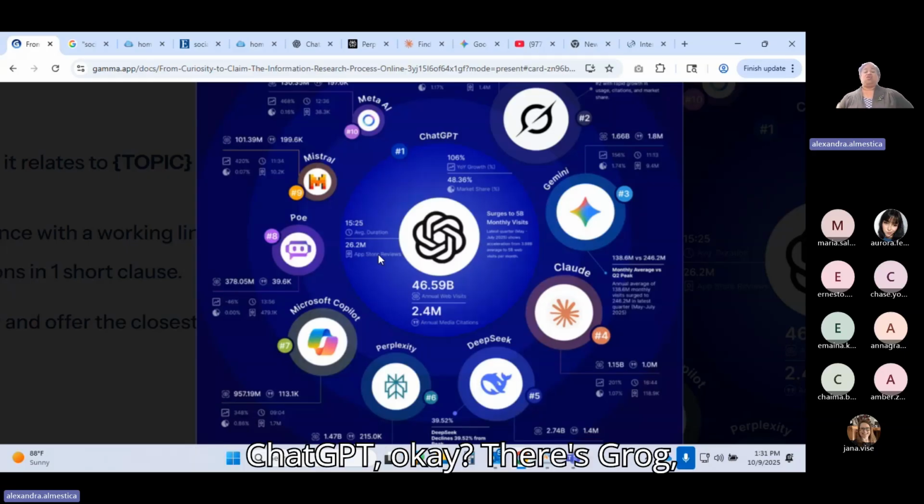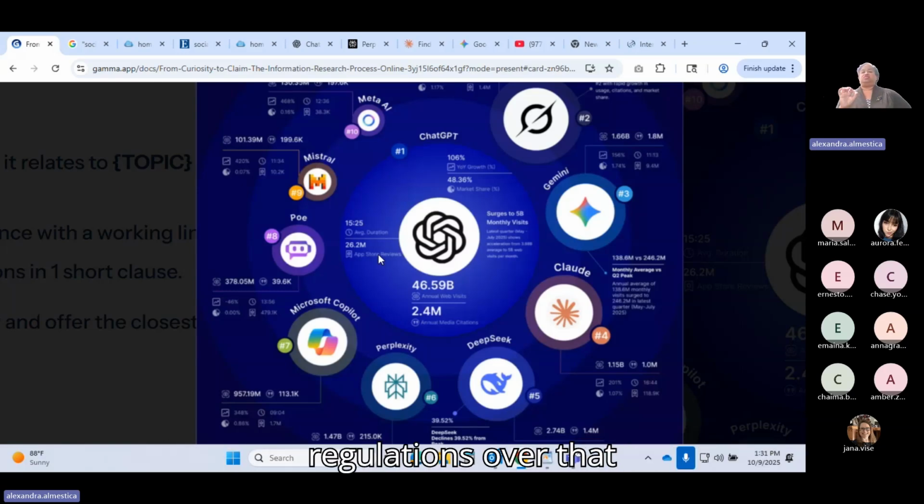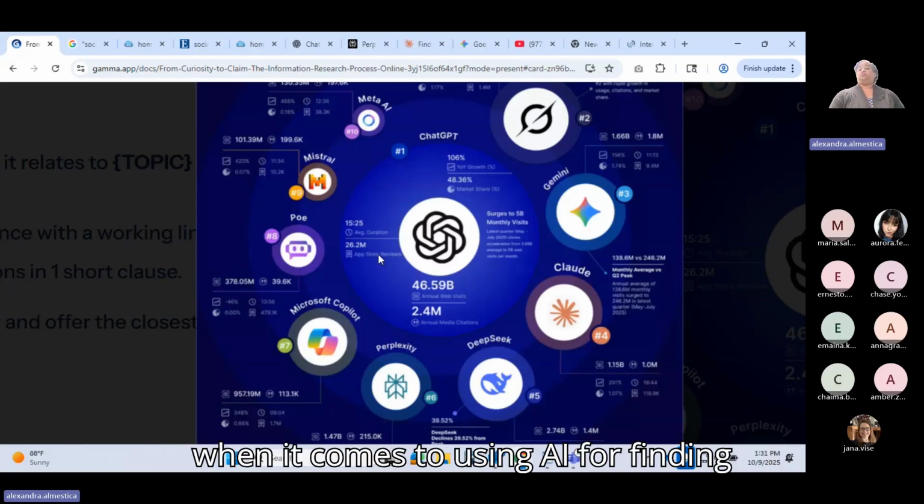There's Grok, there's Gemini, there's Claude. DeepSeek I cannot use due to government regulations over that software, and some of those I've never used. I have accounts in some of them, some I don't. So there's a lot of experimentation when it comes to using AI for finding information.